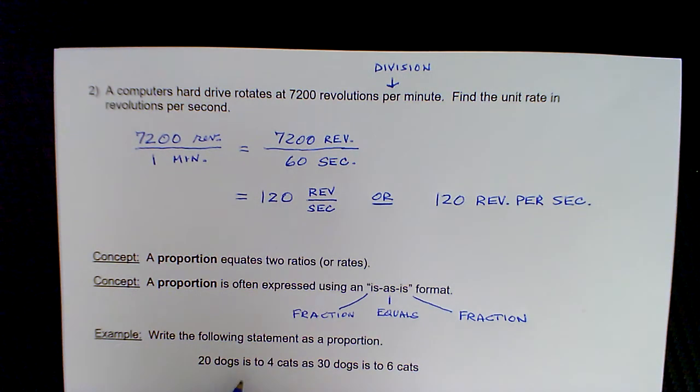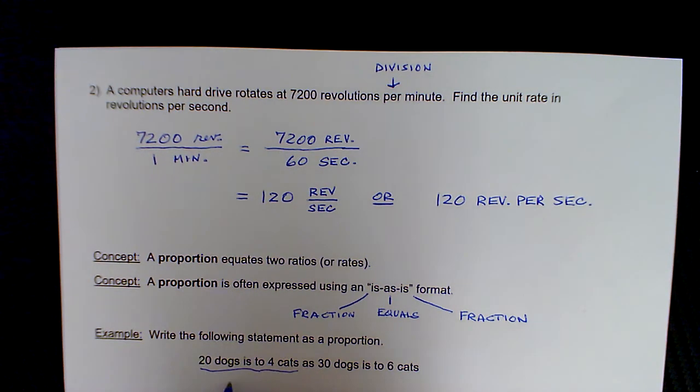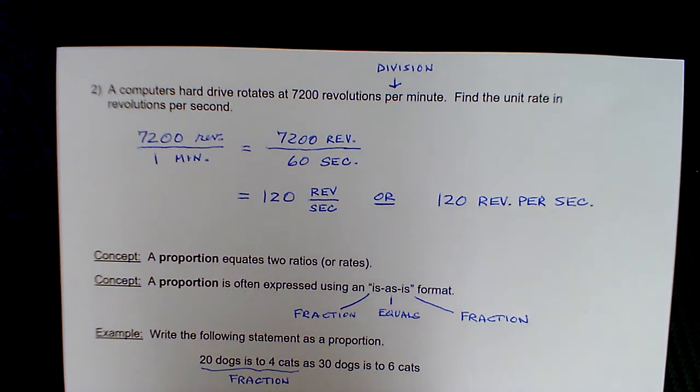So in this expression, it says write the following statement as a proportion. 20 dogs is to 4 cats. That's our first fraction. So 20 dogs over 4 cats.